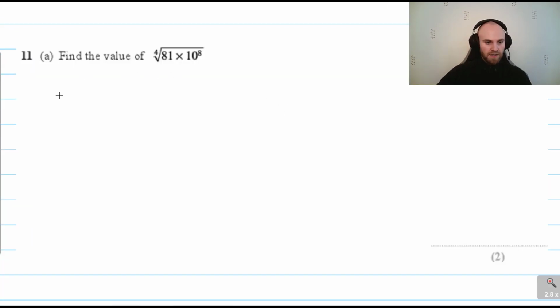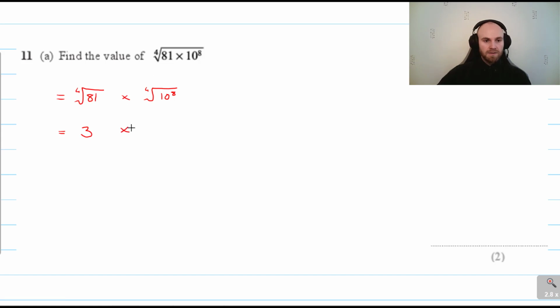Okay, so like I said, we're going to split this into 2 equations. So it's going to be the fourth root of 81 multiplied by the fourth root of 10 to the power of 8. Well, the fourth root of 81, well, if you have 3 times 3 times 3 times 3, or 3 to the power of 4, that will give you 81. So if you work back down, that is going to give you 3. And then multiplied by, okay, this is where it gets a little complicated.